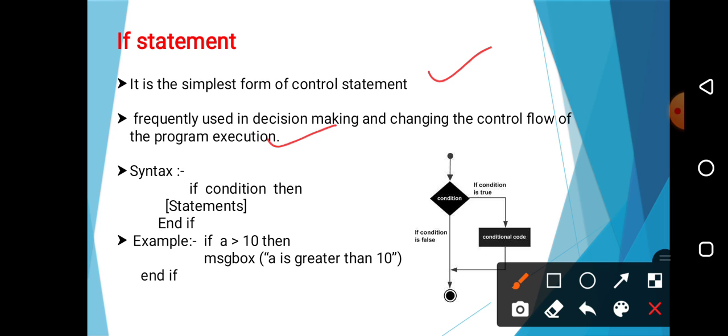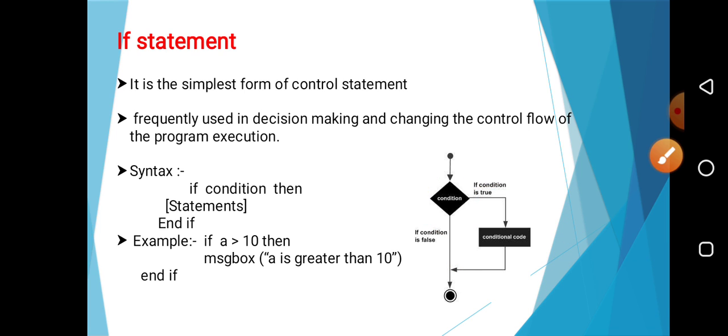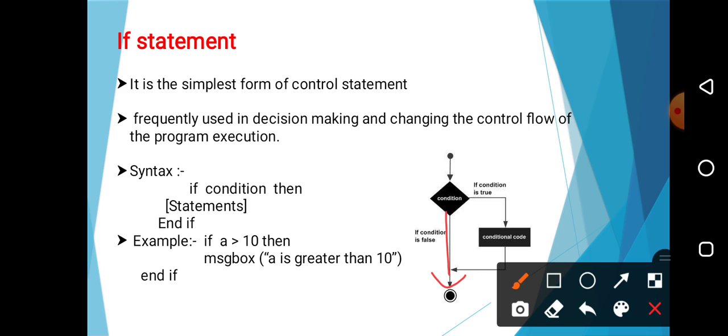First of all, we will check the flow chart of the same. In the flow chart, we check the condition first. If the condition is true, we execute the block of statements and move to the end of the program. But if the condition is not true, then we directly end the program.